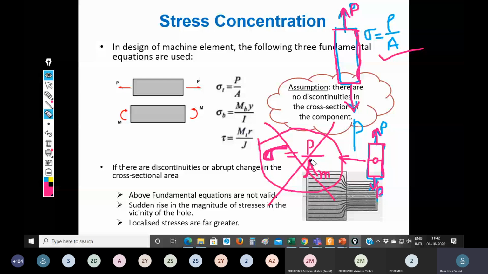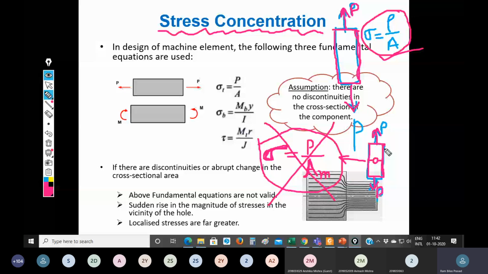So why is this not true? This is not true due to stress concentration. Because of this stress concentration effect, this formula is also not applicable, right? That is what I wanted to emphasize here. This formula is not applicable when there is a hole or any kind of discontinuity.